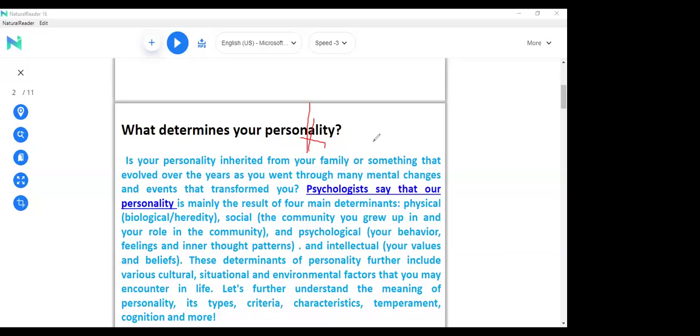But when we start to think a bit deeper, why do I behave like this, it has some root or foundation. Then we have to find, or first we have to understand, the main points or background or foundation of personality.